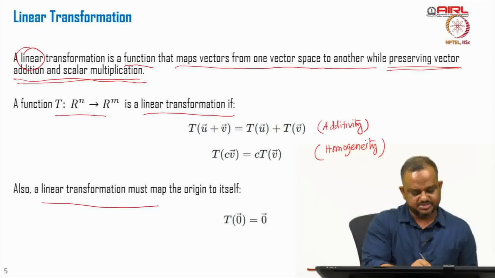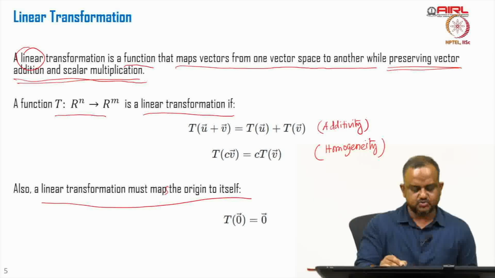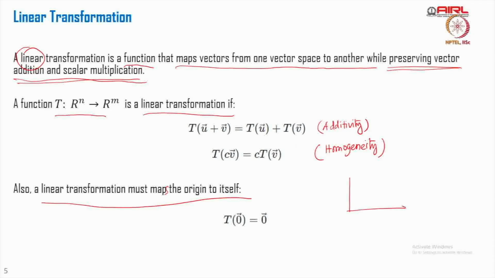A linear transformation just maps the origin to itself. What is the origin? The origin can be represented by a 0 vector. So any linear transformation of that particular 0 vector should result in the same origin. So the origin should not shift. If there is a linear transformation, it must map the origin to itself.